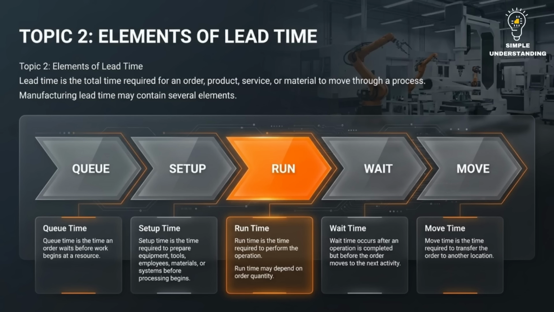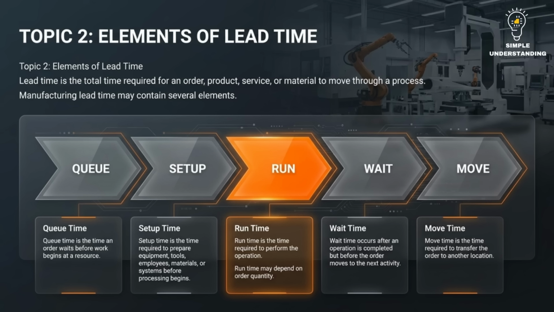Topic 2. Elements of lead time. Lead time is the total time required for an order, product, service, or material to move through a process. Manufacturing lead time may contain several elements. Queue time. Queue time is the time an order waits before work begins at a resource. Setup time.